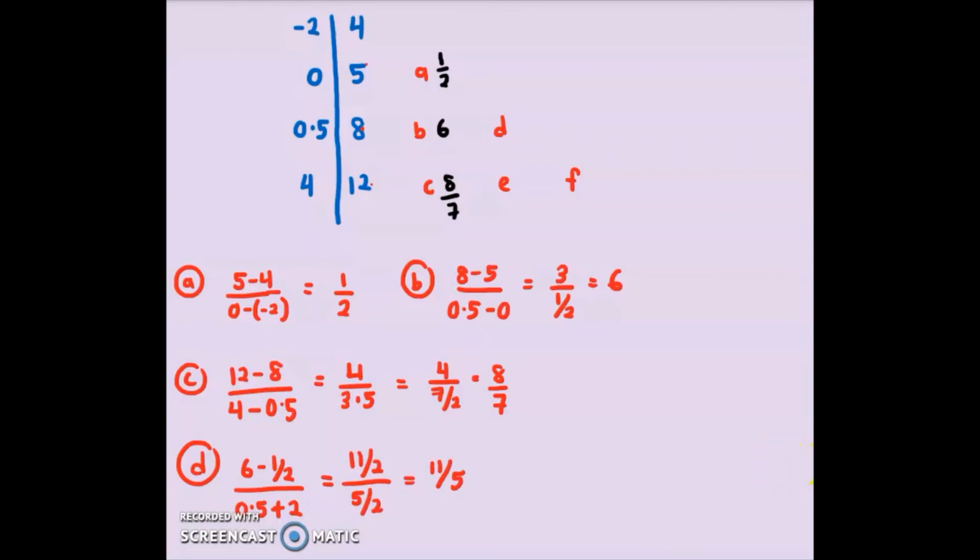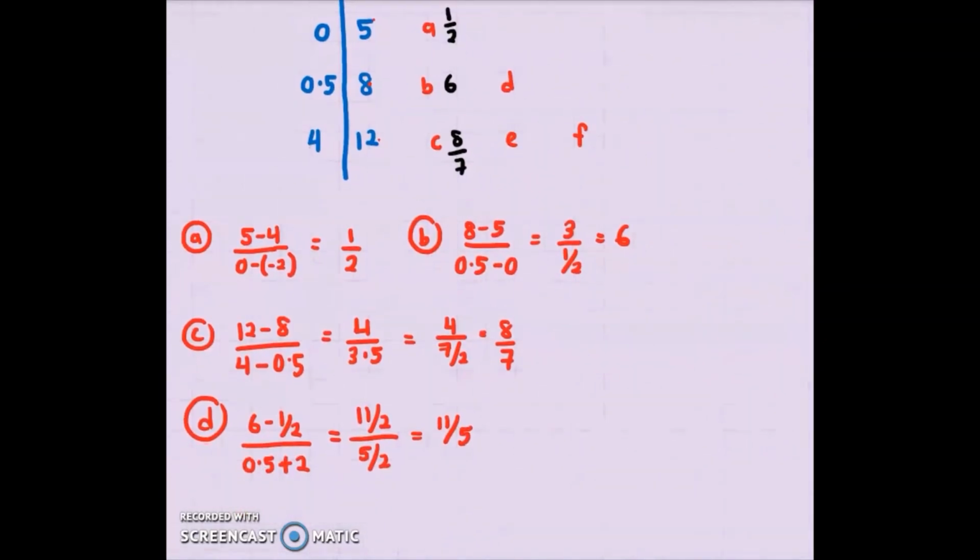Okay, so similarly we need to find E, having obtained D. My E will be 8 over 7 minus 6, divided by 4 minus 0. I have to skip one step here, so 4 minus 0.